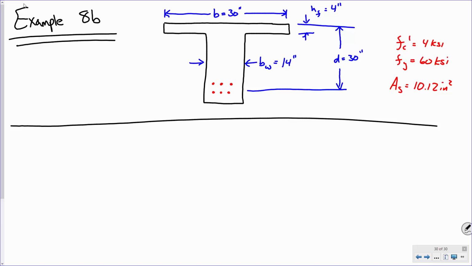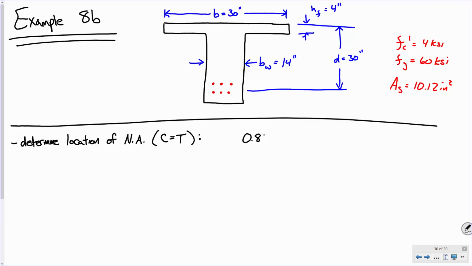Okay. Now, I'm going to approach this the same as before. We're going to determine the location of the neutral axis. And what principle do I use to determine that location? Equilibrium. In other words, the compressive force has to equal the tensile force. I'm going to do it the same way I did before.